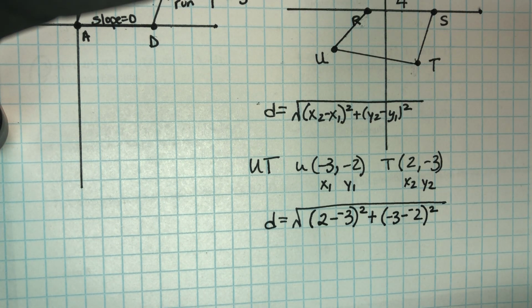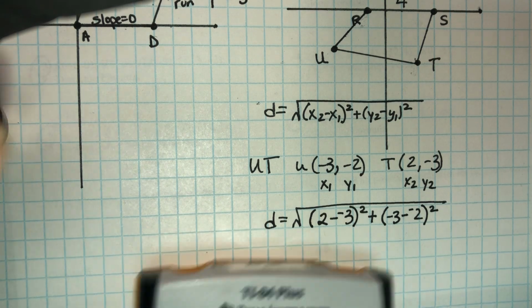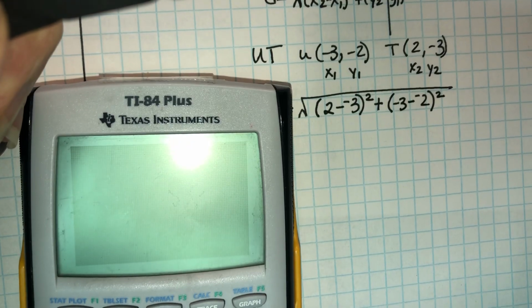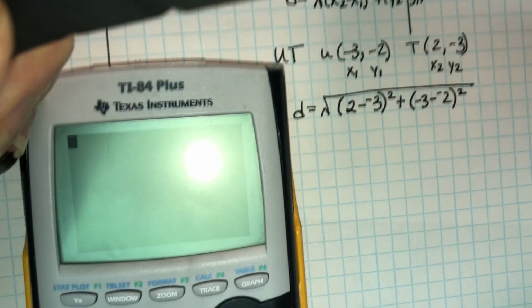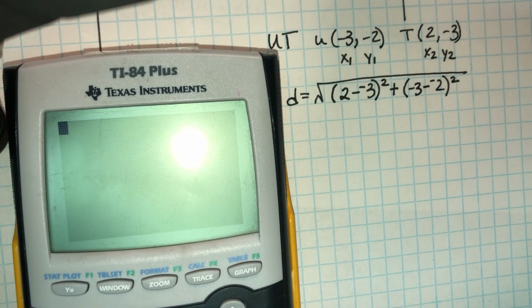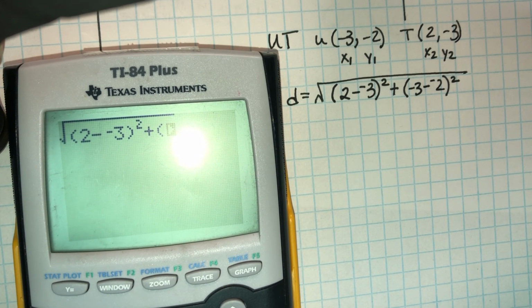So now we're going to go into our calculator, press the home screen, turn it on, and work this out. So second square root, then open parentheses, 2 minus negative 3, close parentheses, squared, plus new parentheses, negative 3 minus negative 2, close parentheses, squared.